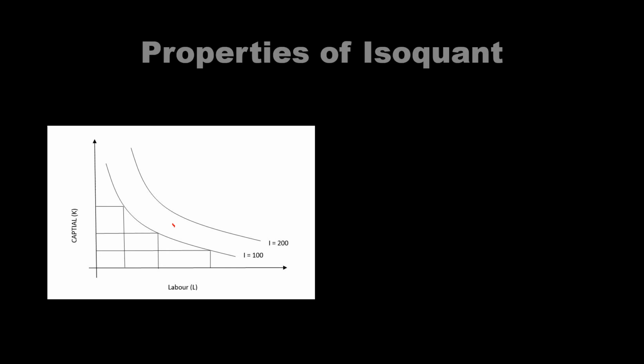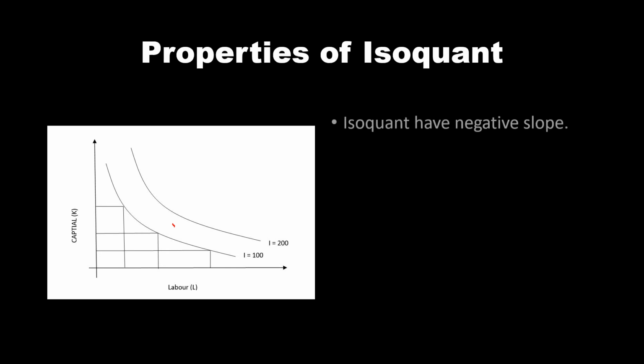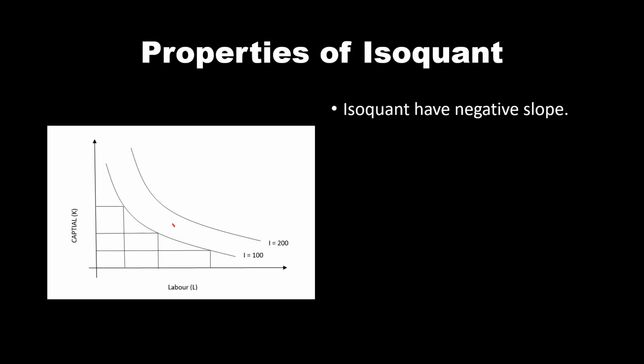Now, let's consider the properties of isoquant. Now, isoquant has a negative slope. That is, as you can see, the curve is negatively sloped, and this means that a certain amount of capital must be given up for more of labor.